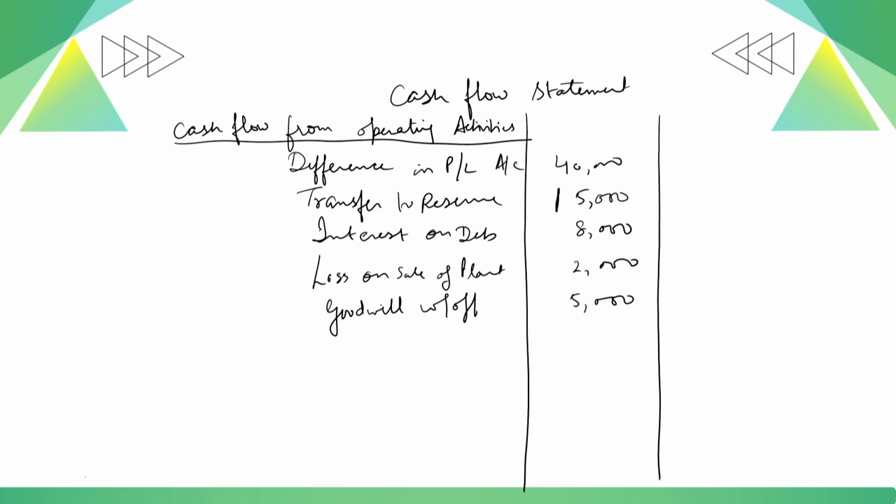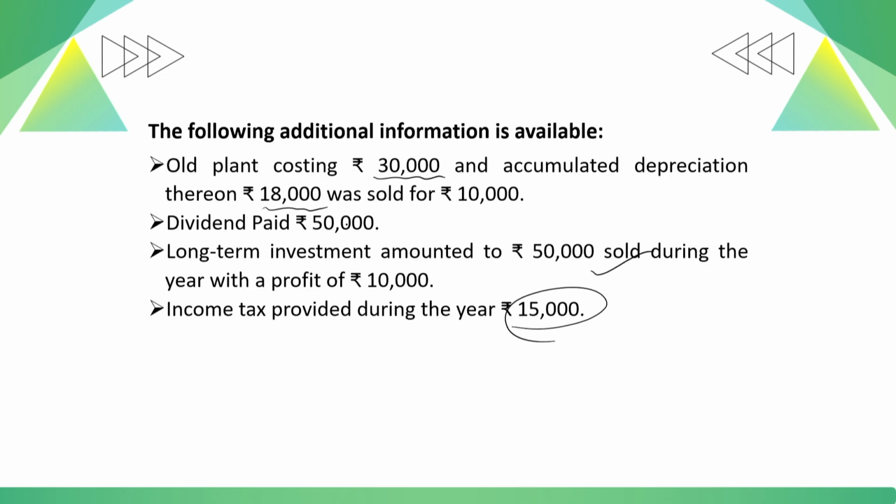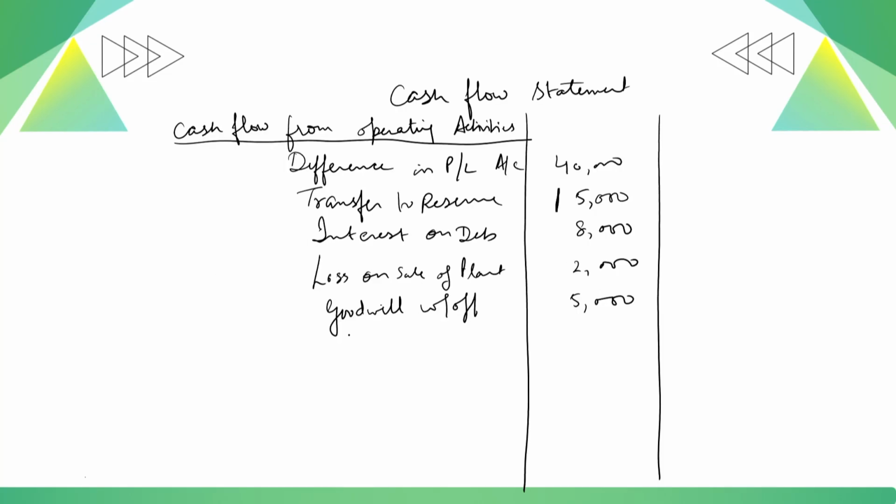Then in the adjustment there is the second adjustment, that the dividend paid during the year is 50,000. This is to be taken into account, and the dividend paid of rupees 15,000 will be considered here. Then after that we have accumulated depreciation. There we are left with the figure of depreciation, which we showed on the credit side as by profit and loss account.